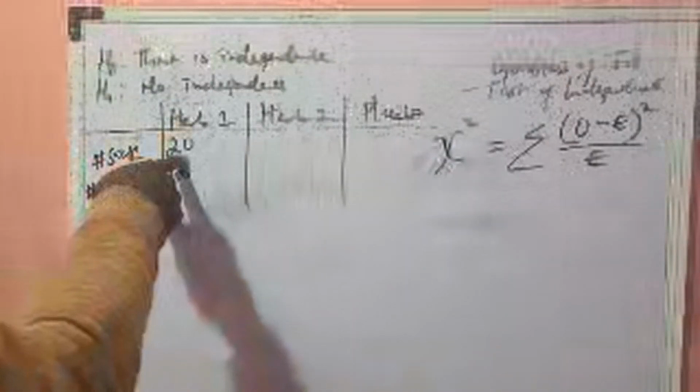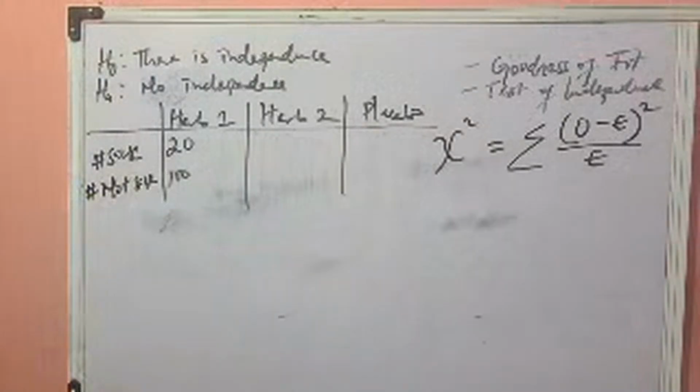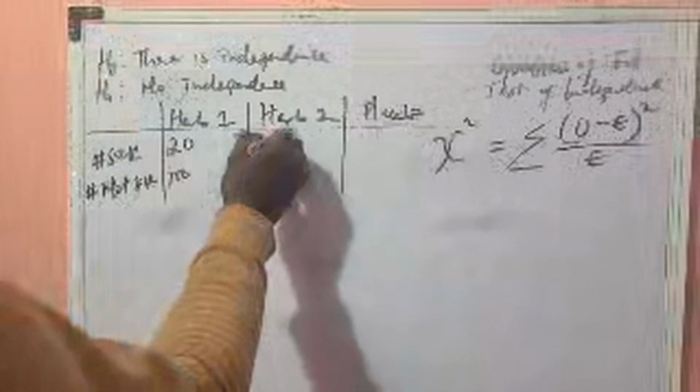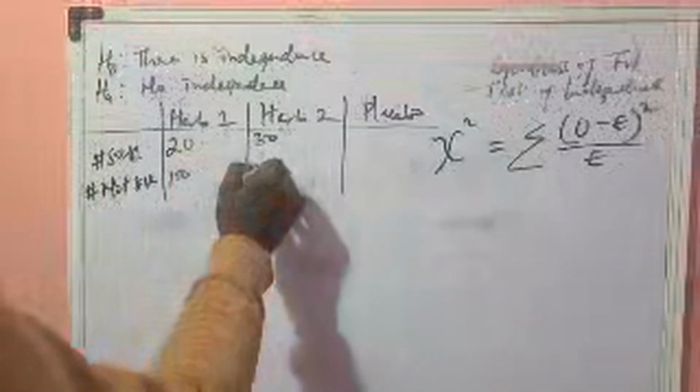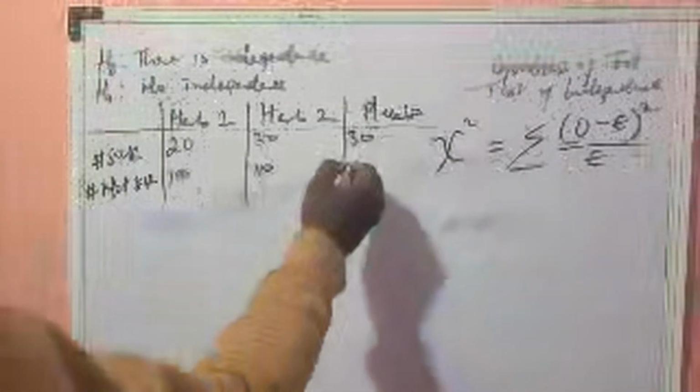You can see now the first, Herb 1, 20 people. If a sick person used Herb 1, there were still 20 who were sick, whereas 100 were not sick. When Herb 2 was used, we have 30 sick, 110 not sick. When you make use of placebo, 30 sick, 90 not sick.